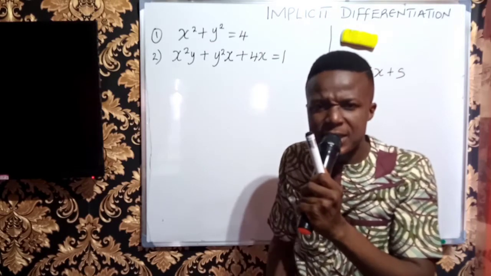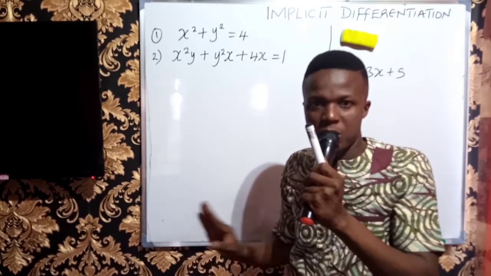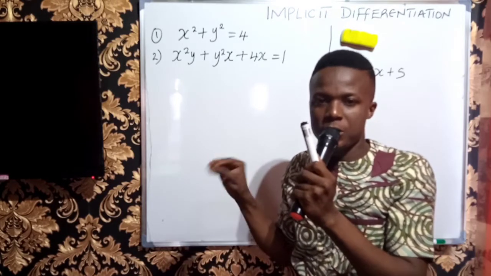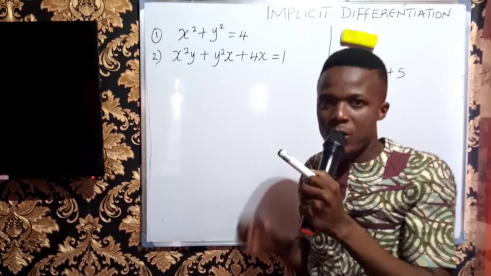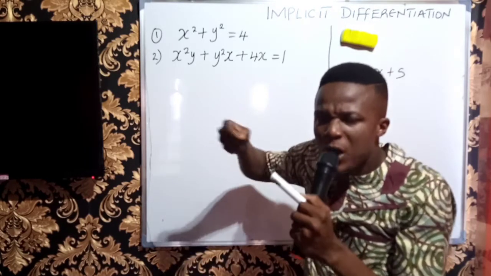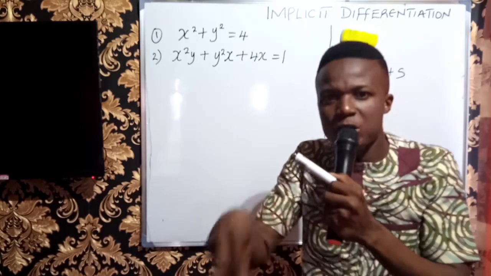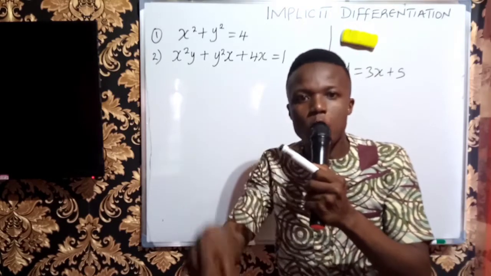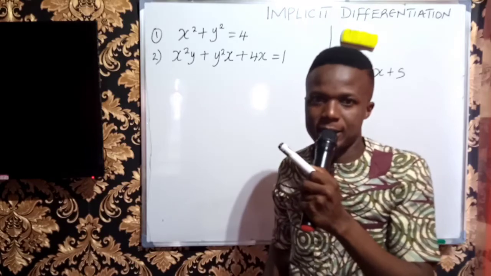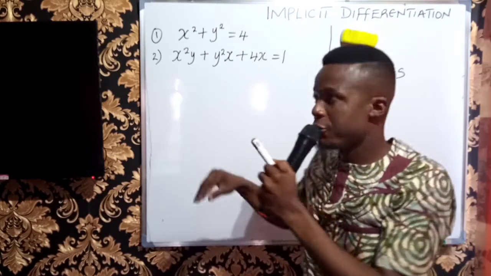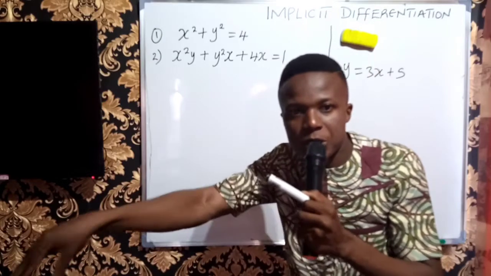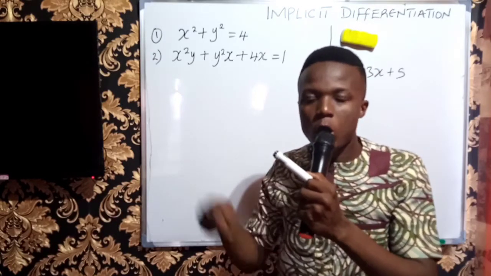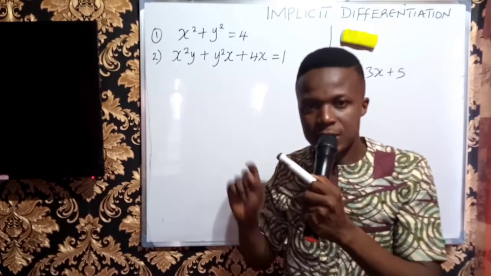It is the normal procedure you follow in explicit differentiation, but the only difference here is that whenever you are differentiating y, which is not what you are differentiating with respect to, you must always attach dy dx.